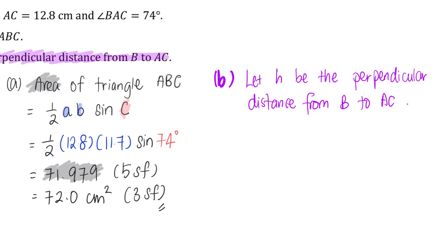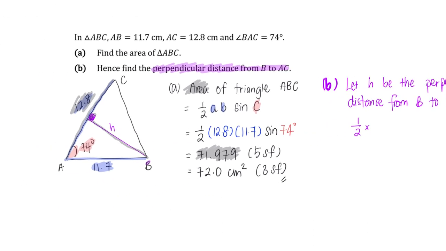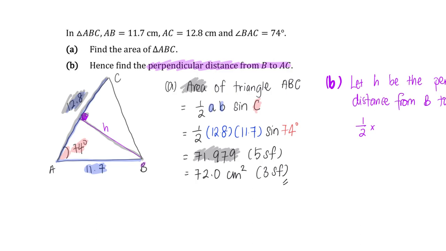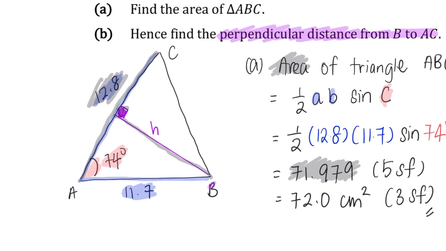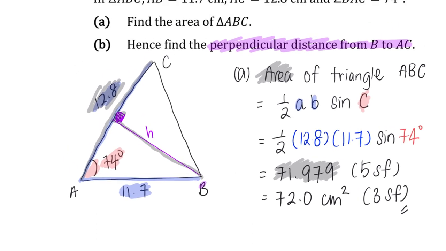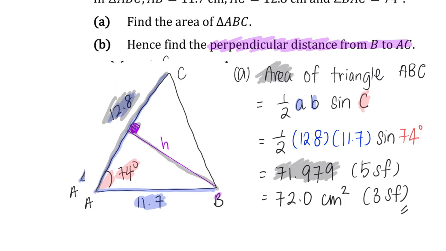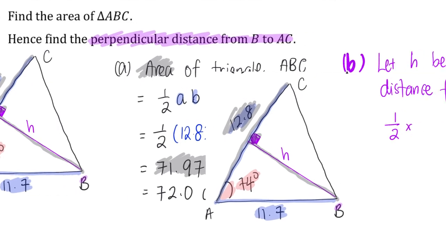Okay, and from here I could apply the formula easily, half times base. In this case my base will be 12.8. So I'm going to just cut this out so that it's easier for us to do at the other side.